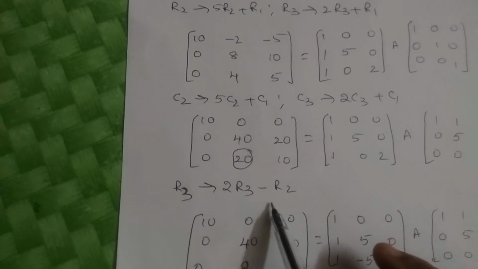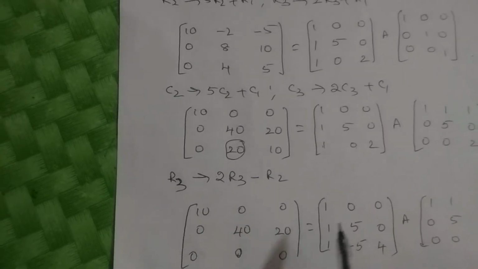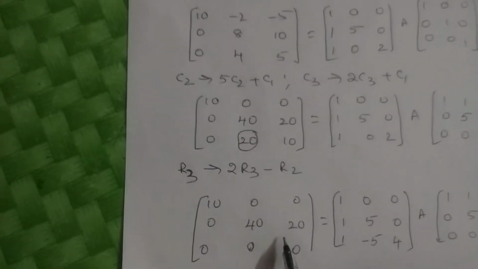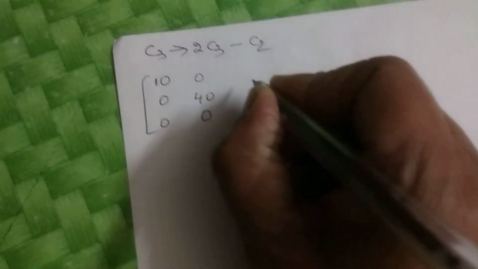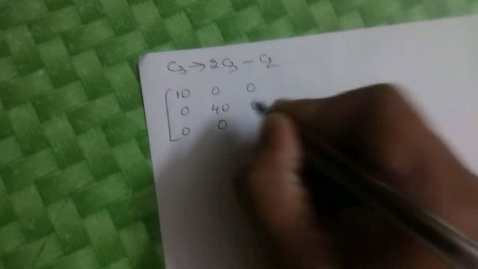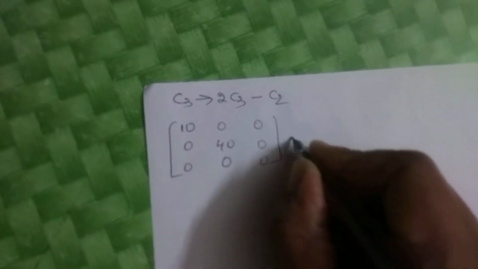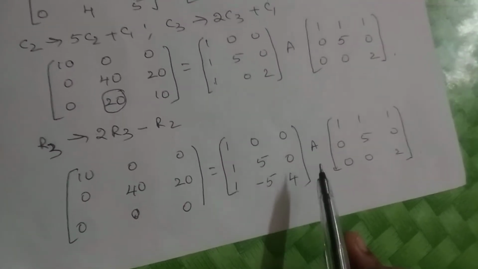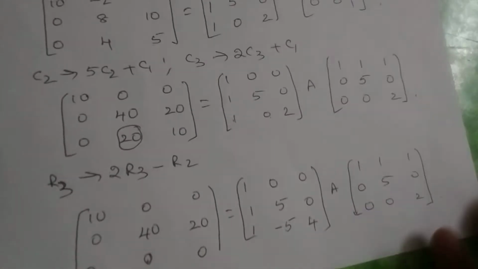What have we used? C3 implies 2C3 minus C2. So 0 minus 0, 0. 40 minus 40, 0, 0. So the entire column is 0. Now this is 0, 0, 0. And we have applied the column operation, so the first I will be the same. What is the first I? 1, 0, 0, 1, 5, 0, 1 minus 5, 4.